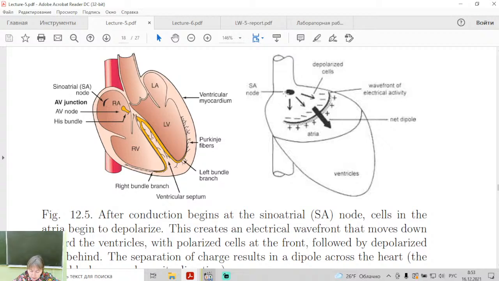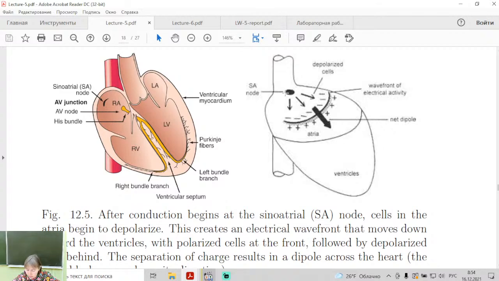There are in fact no fast sodium channels operating in sinoatrial nodal cells.